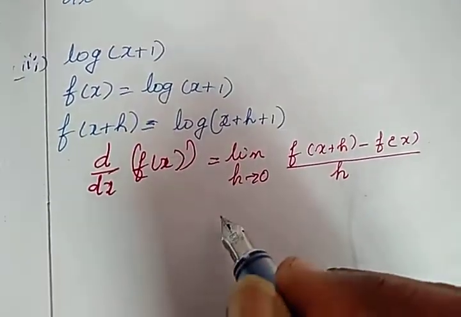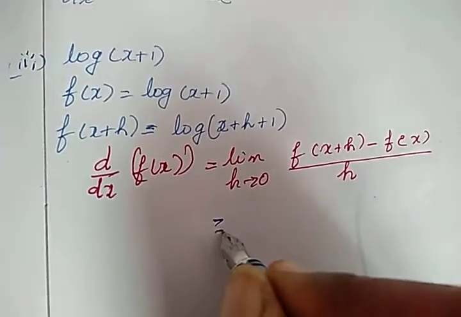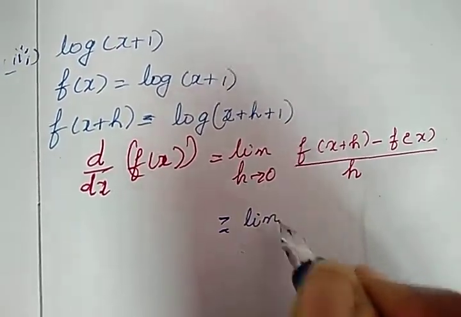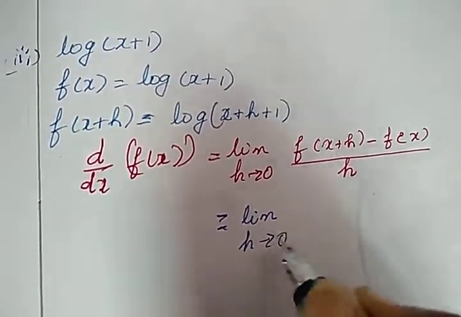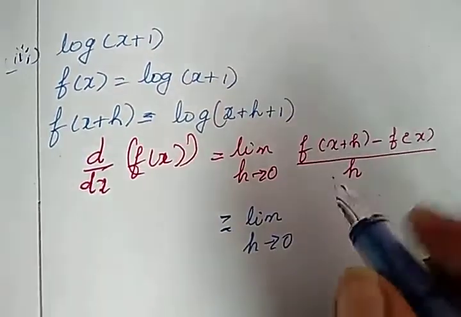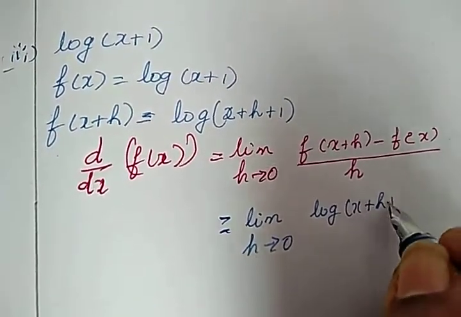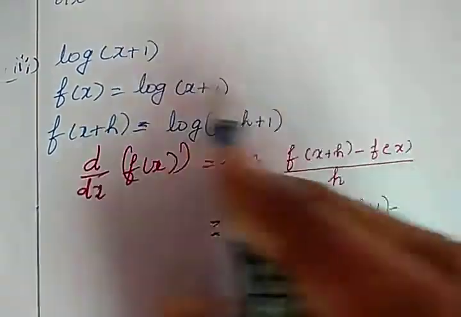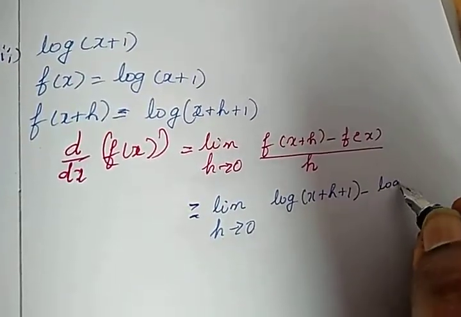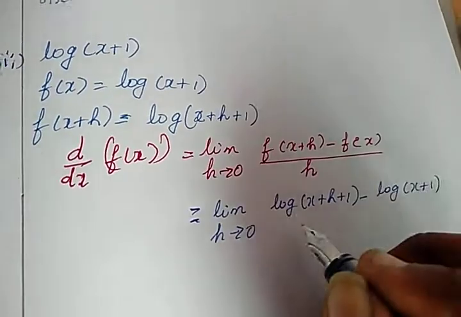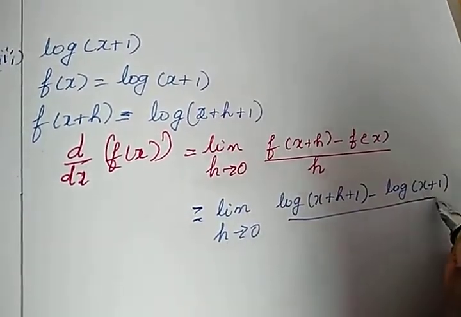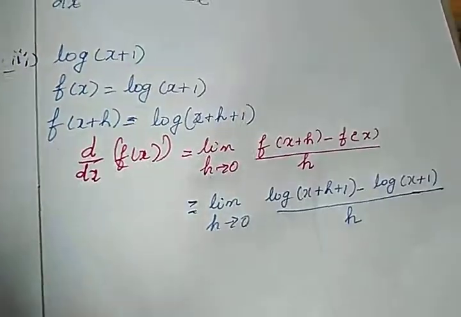So which equals limit h tends to 0 f of x plus h is log x plus h plus 1 minus f of x is log x plus 1 the whole divided by h.